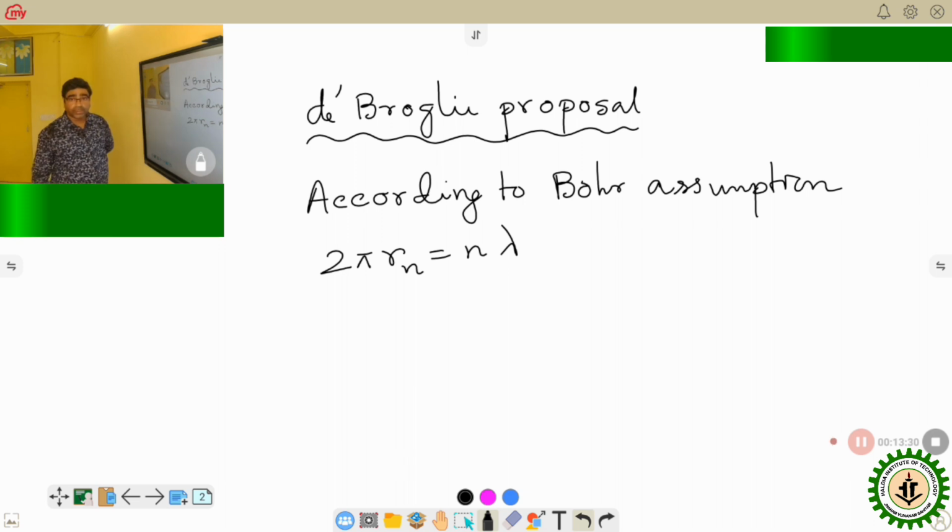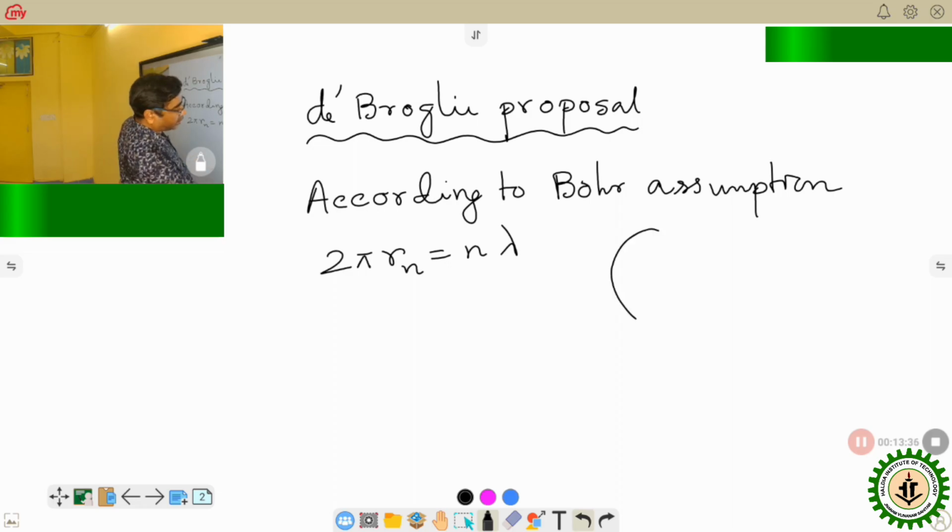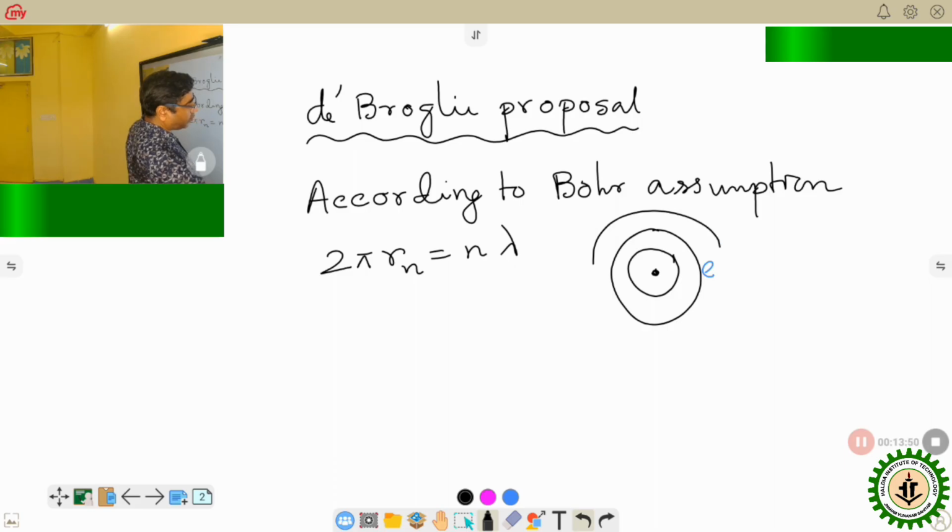What does it suggest? Whatever be the orbitals present in an atom, this is the nucleus, and this is the electron which is revolving around it. I have drawn here one such orbital, maybe two or three.